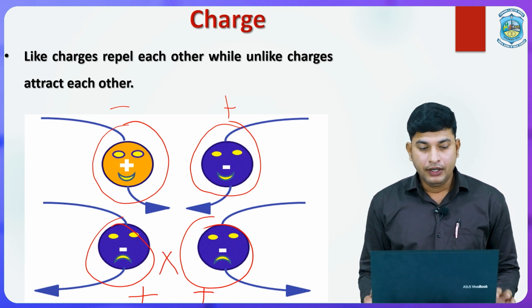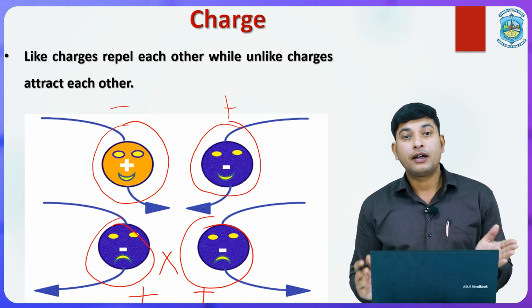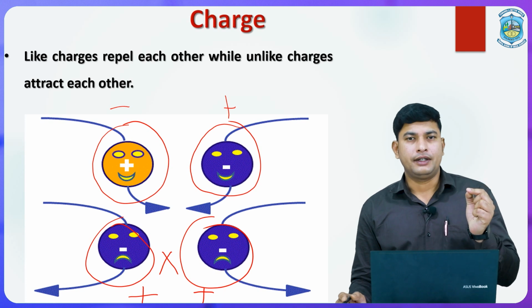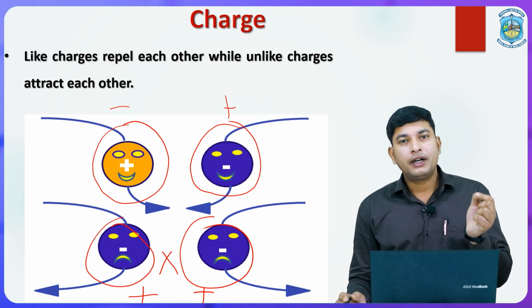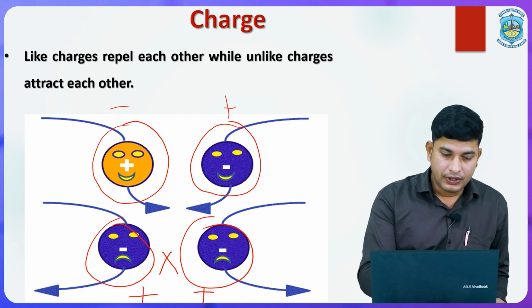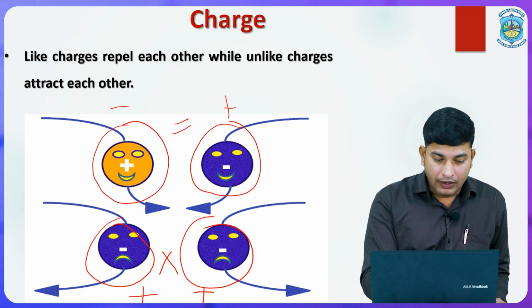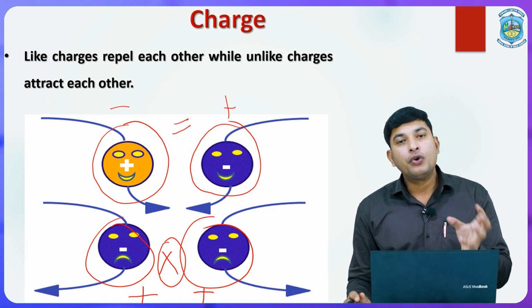So in all kinds of charges, whether attraction or repulsion, a force is acting: an attraction force in the case of unlike charges, or a repulsion force in the case of like charges, and every time the force is exerted.